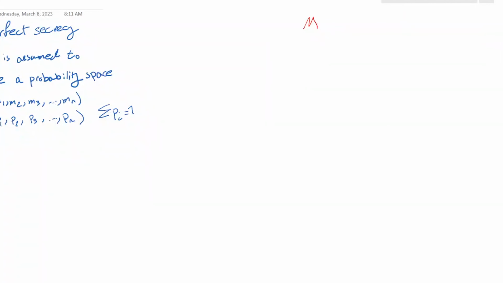Then we start to draw different messages. So we would land on M1, we can also get to M2, and so on to Mn.